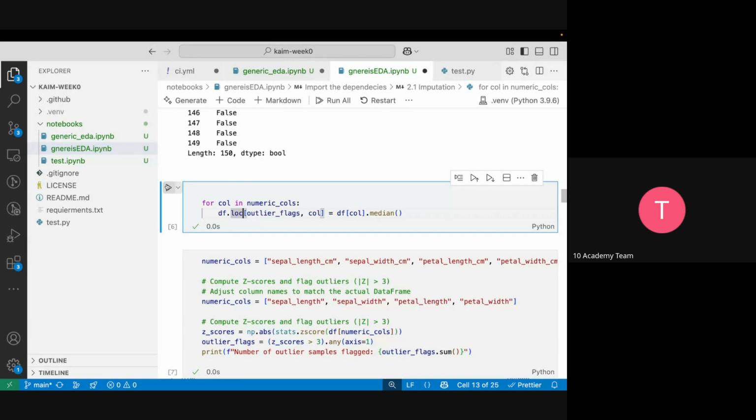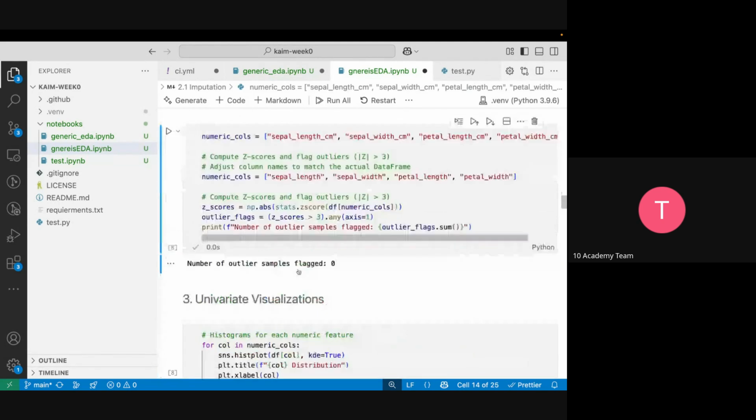So in order to remove that, I'm going to find the outlier value where the bool value is true, which means the value is an outlier, and I'm going to fill that value with the median. Okay, so that's what I did here.